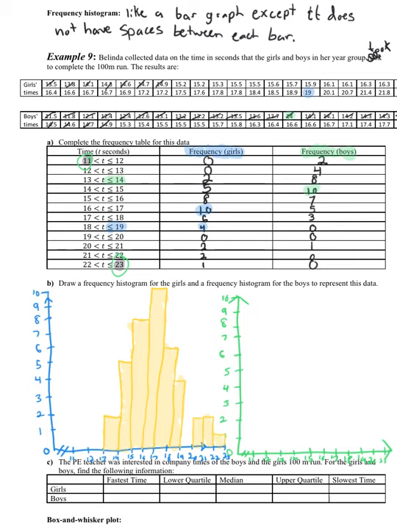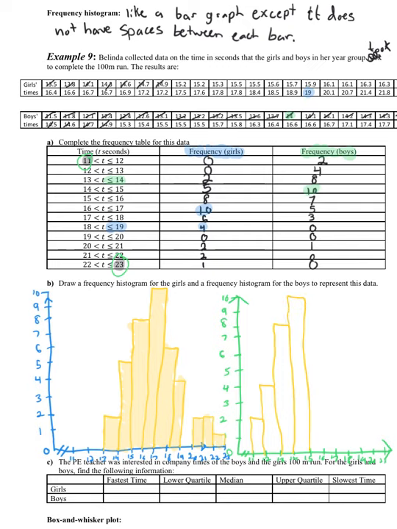There's our nice, lovely, ugly drawn histogram for the girls' data. And then for the boys, we just follow the same pattern. 2, 4, 8. So go ahead and draw your histogram for the boys' data.